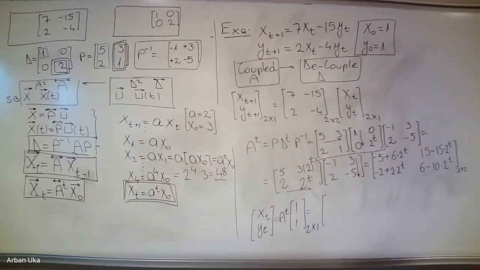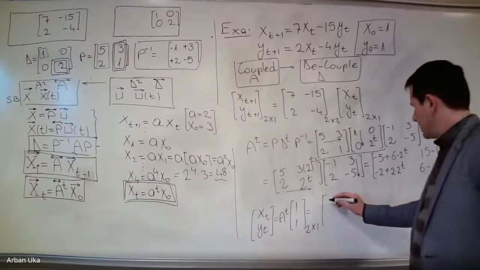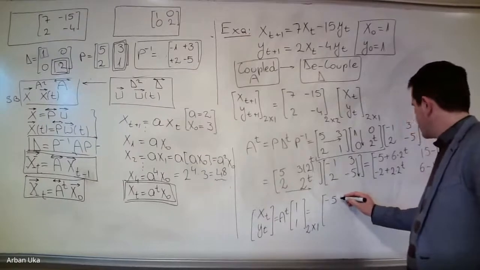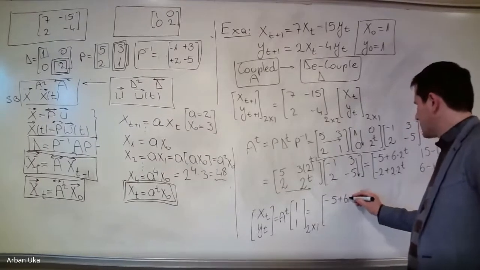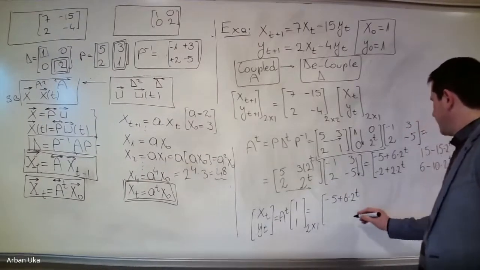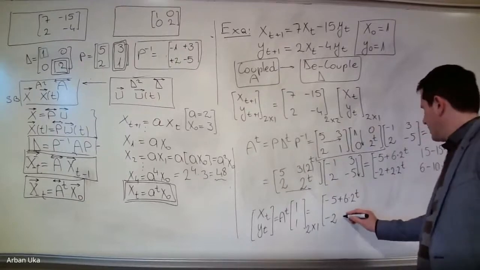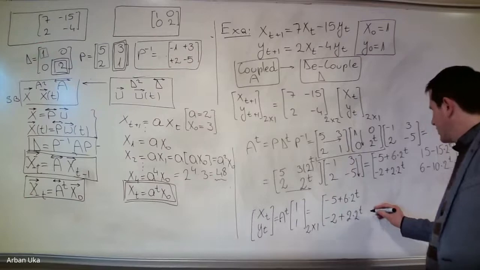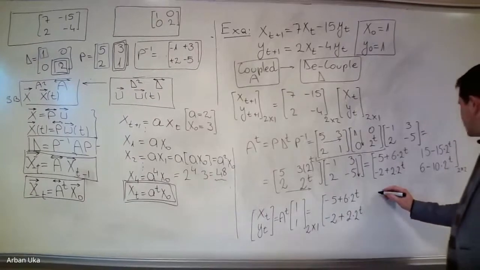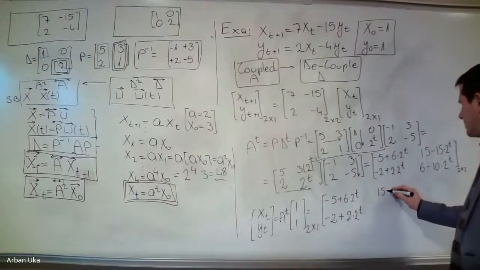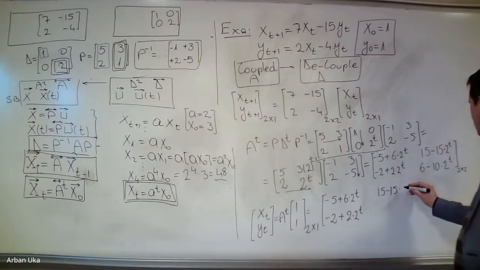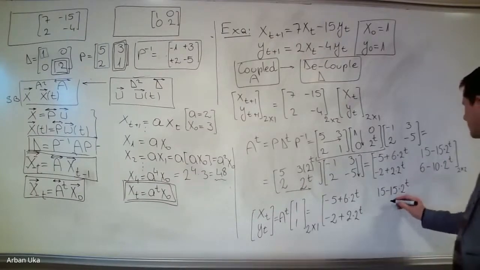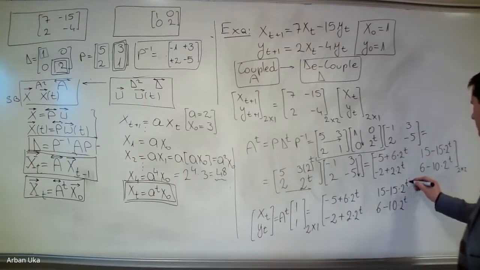Maybe it's best if we write the whole thing: minus 5 plus 6 times 2 to the power t, minus 2 plus 2 times 2 to the power t, 15 minus 15 times 2 to the power t, 6 minus 10 times 2 to the power t.